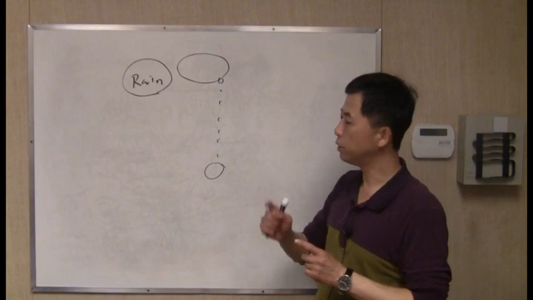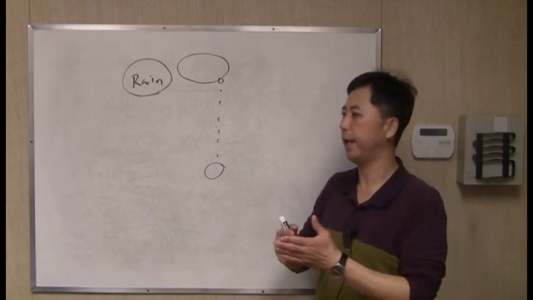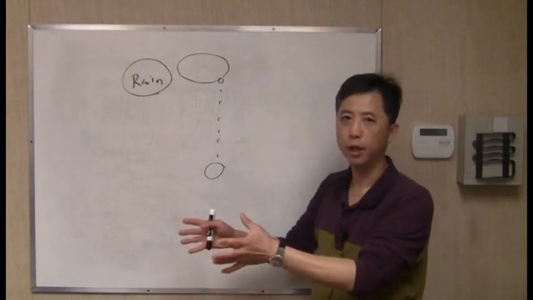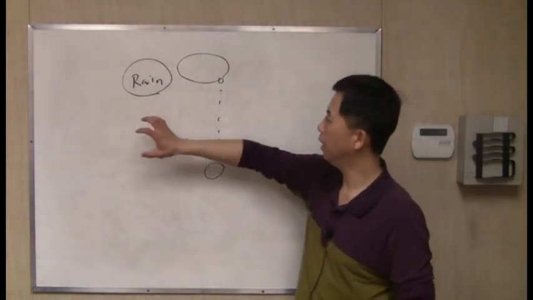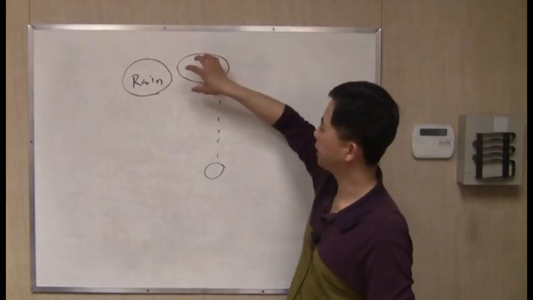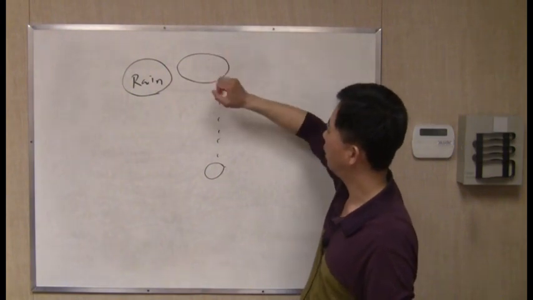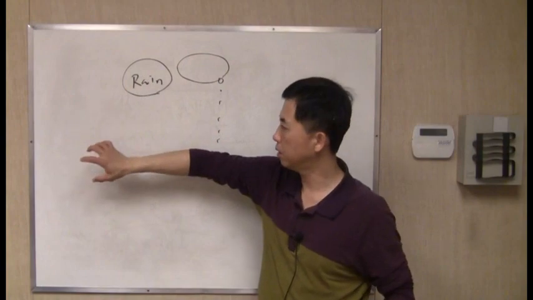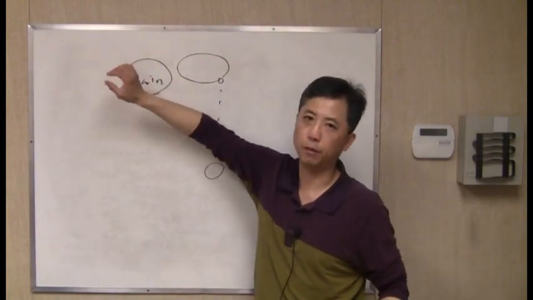But there are some students who did extra work, going through the internet and searching, and found out that before the dark clouds turn into rain, there's steam going up into the air and then forming the clouds.